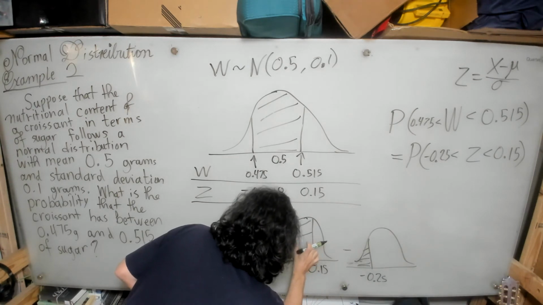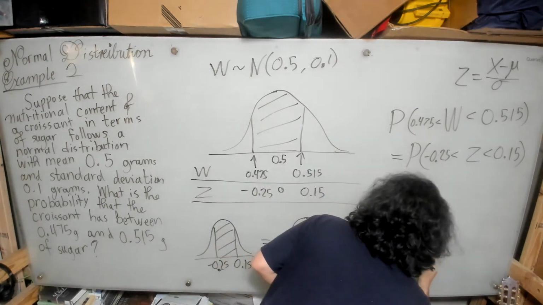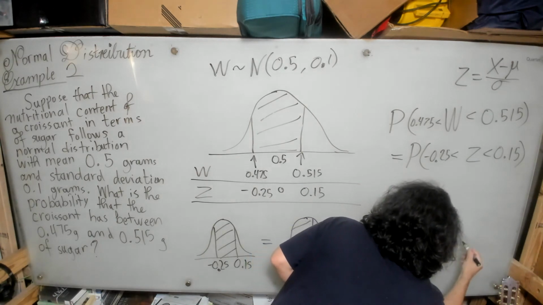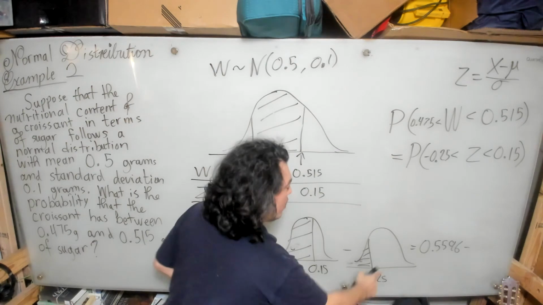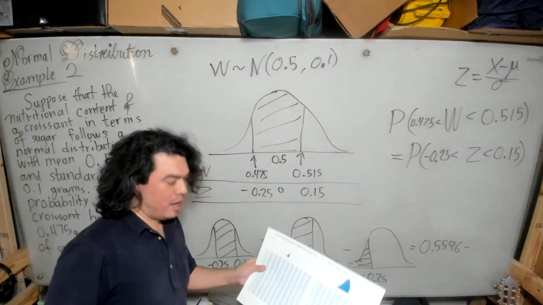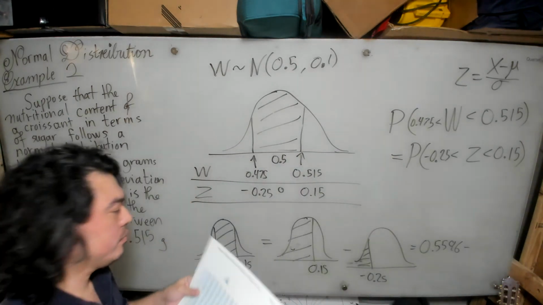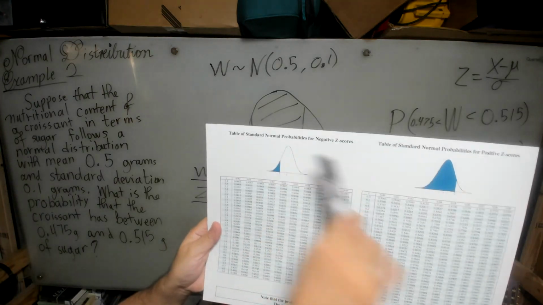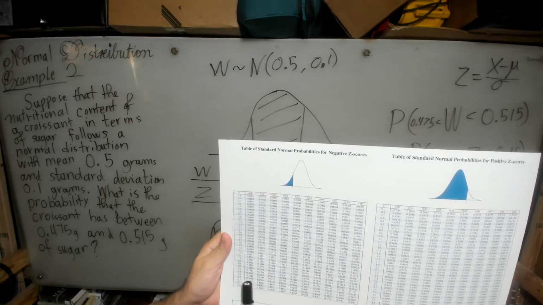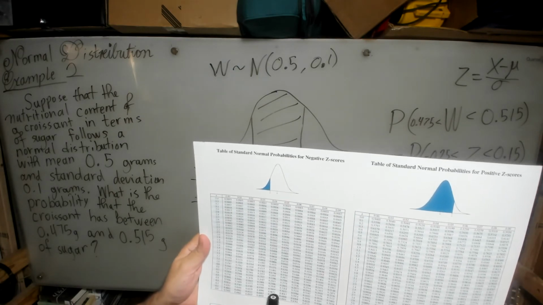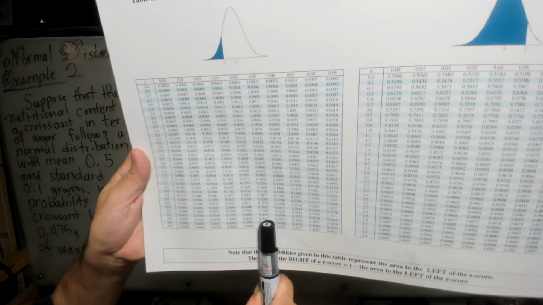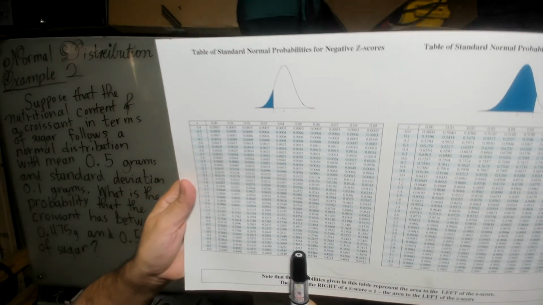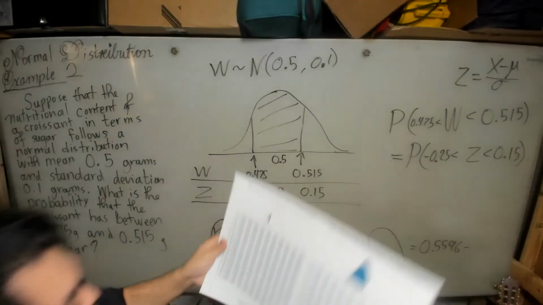Let me write it over here. This equals 0.5596 minus, what is this area? I look over here at my normal table, negative 0.2 and then 5. I go to the middle here, and it's 0.4013.